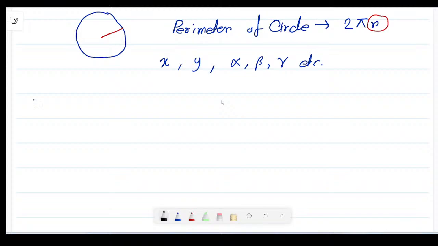Now the next topic is algebraic expression.